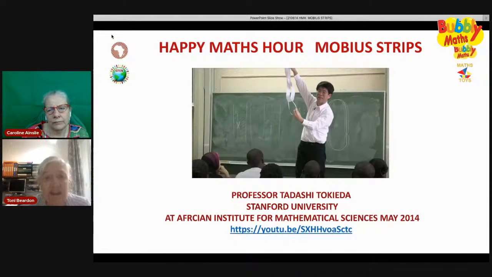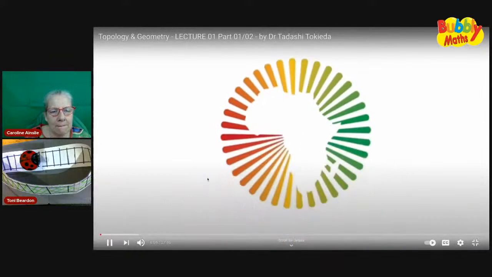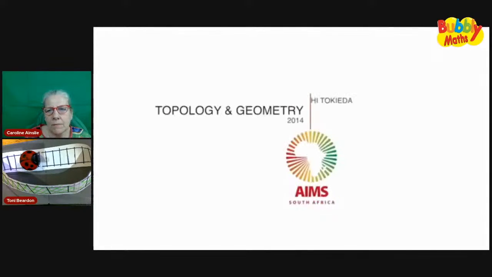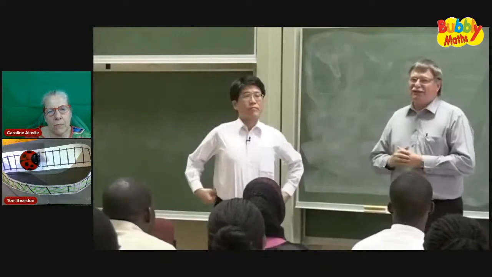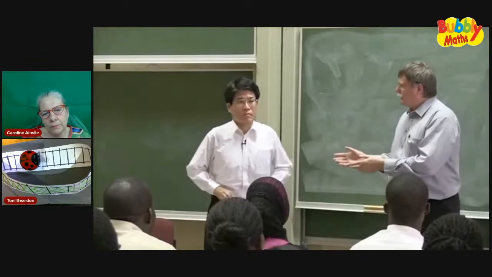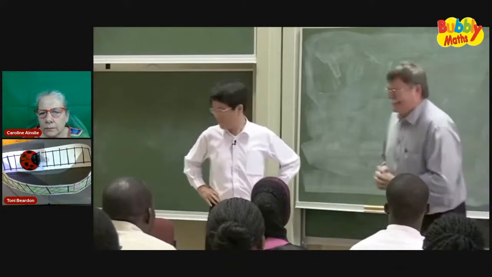So you will be learning a bit about the maths of Mobius strips today. I should just mention Tadashi is from Cambridge and Harvard. He is based in Cambridge, but for this coming year, I think you're at Harvard. Is that right? Yes. Good.